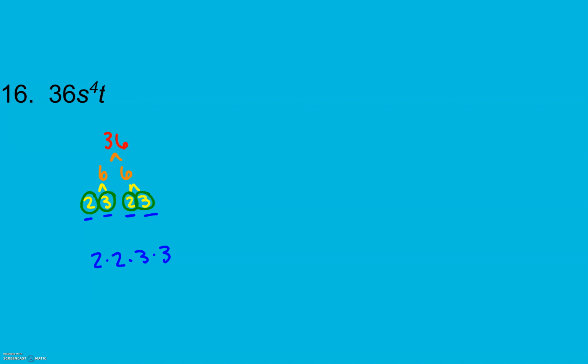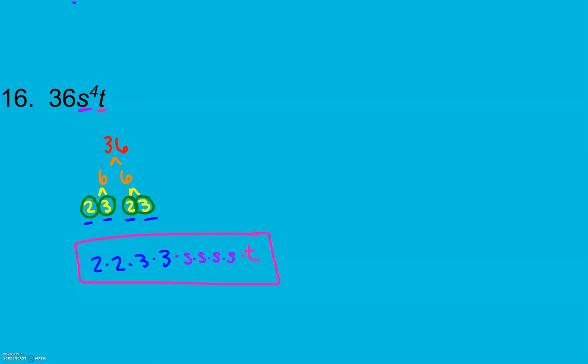We're not going to switch it into exponential form because we want it in factored form. Then my variables, I have s times itself, exponent number of times, 4 times, and a t. And there we go. That's all I have for section 4.1.